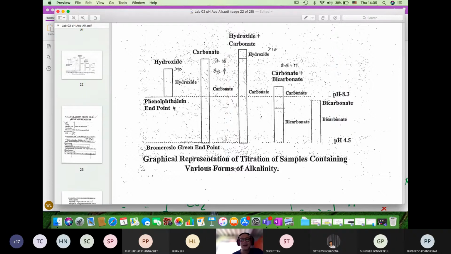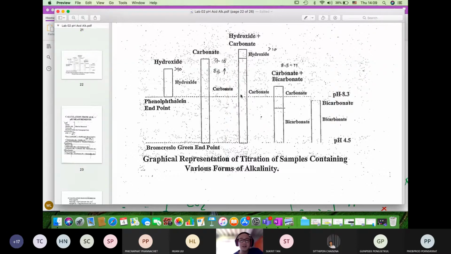But above 4.5, the alkalinity depends on the contents of the ions. Okay, so if the pH is between 4.5 and 8.3, the alkalinity is mainly caused by the bicarbonate ion. But if it's above 8.3, alkalinity may be caused by a combination of the bicarbonate and the carbonate species.